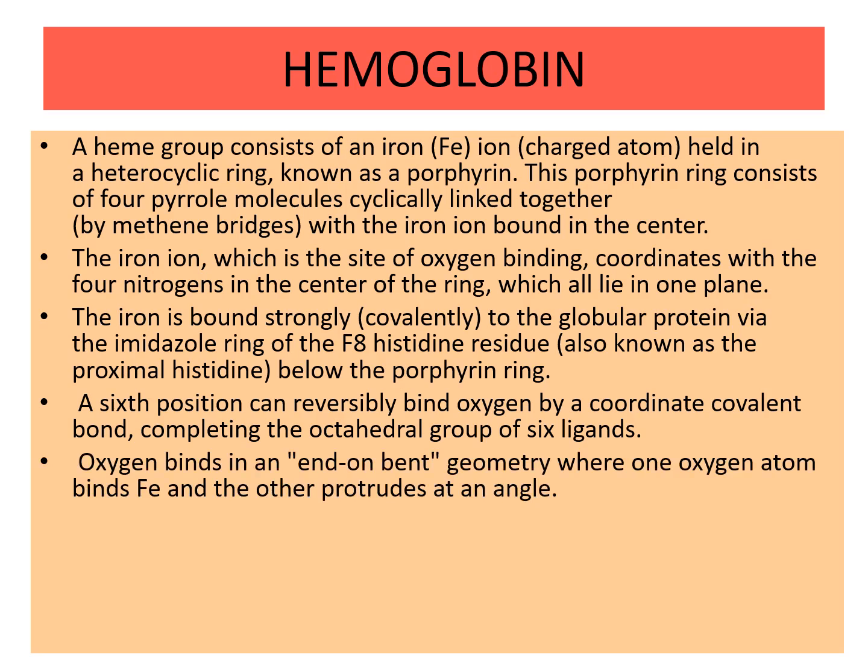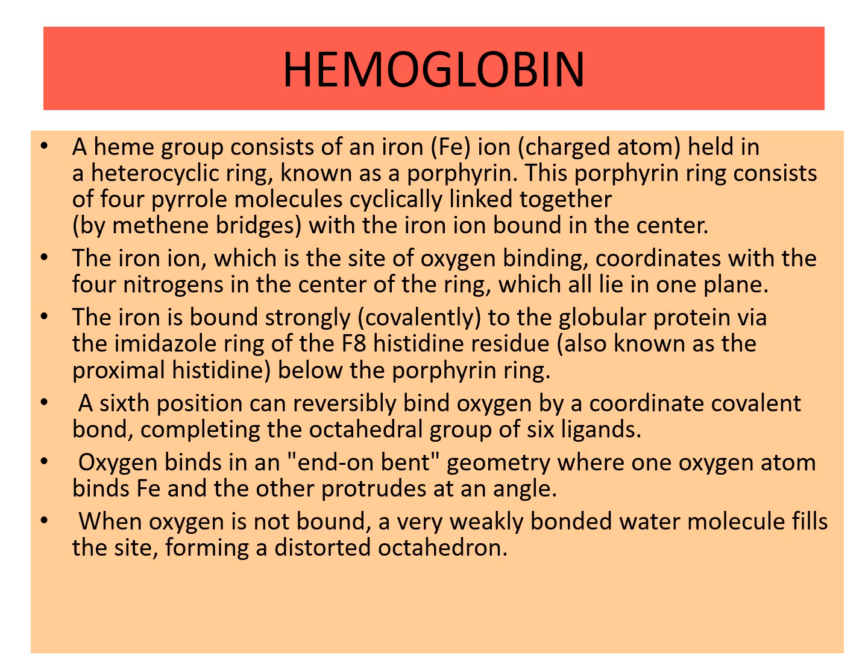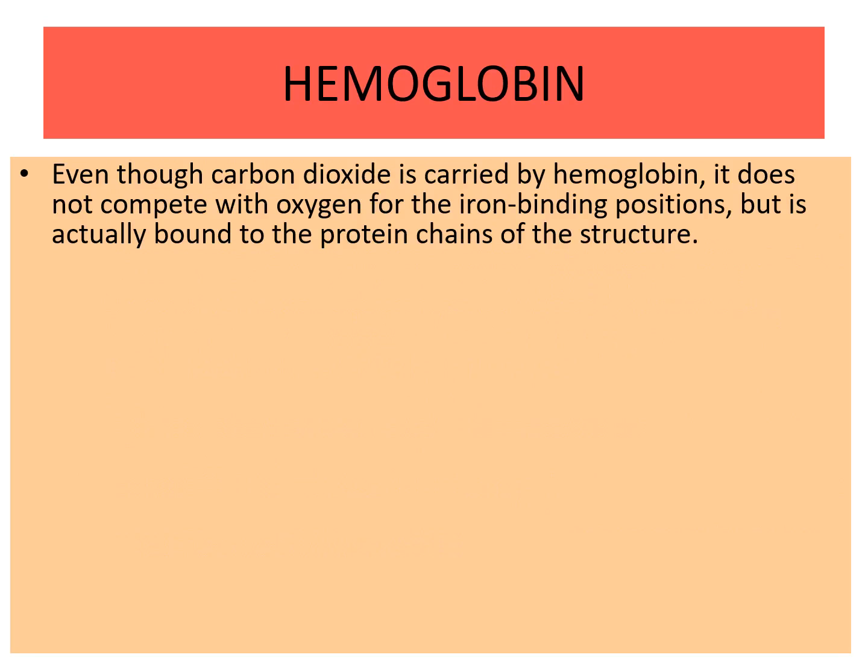Oxygen binds in an end-on bent geometry where one oxygen atom binds Fe and the other protrudes at an angle. When oxygen is not bound, a very weakly bonded water molecule fills the site, forming a distorted octahedron.